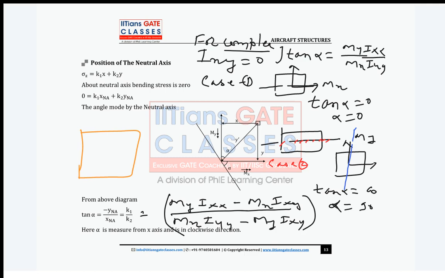Now it is subjected to a complex bending. Tell me, guys, which axis will be in this cross section about which your bending stress are zero? Think and tell. This is Mx.